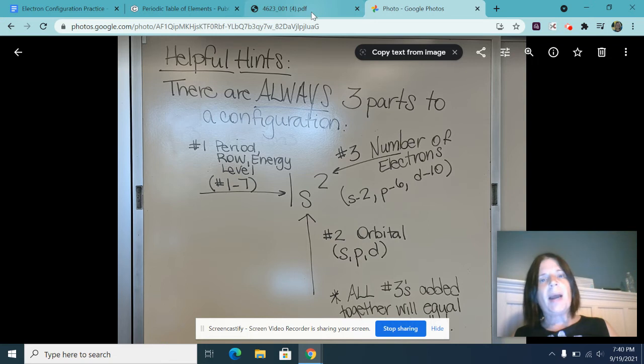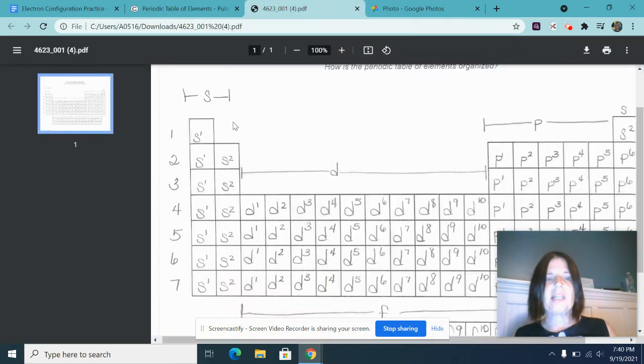Well, if we go back to this particular diagram, we can see that in S, the only numbers that we happen to see up here that are looking like exponents are 1 or 2, but we do not see anything when we have an S that has a number that's larger than 2. When we are in P, we can have what looks like an exponent that can be any value up to 6.